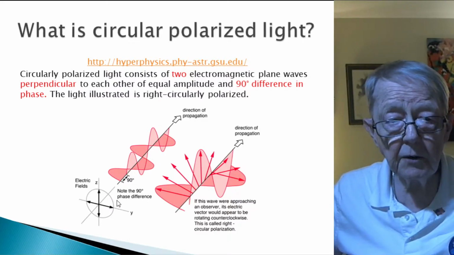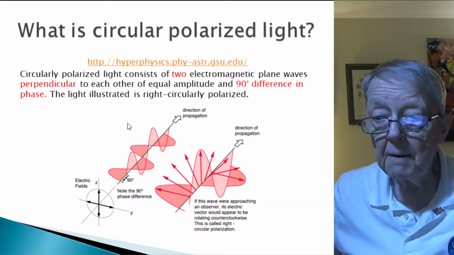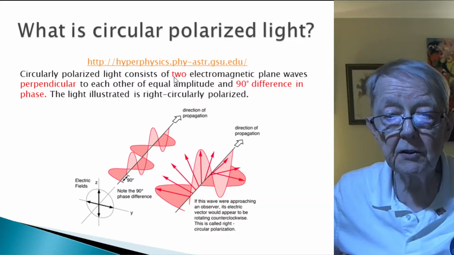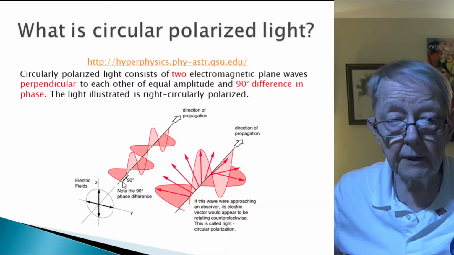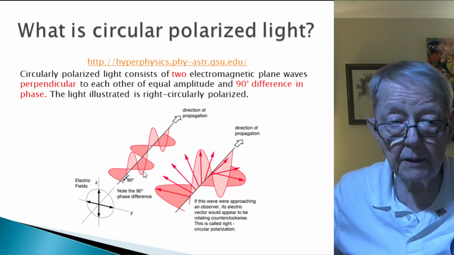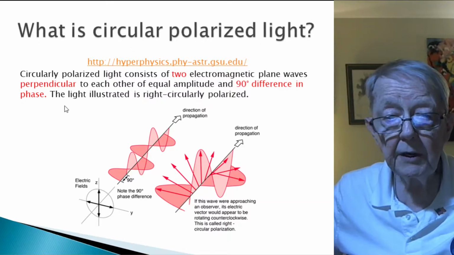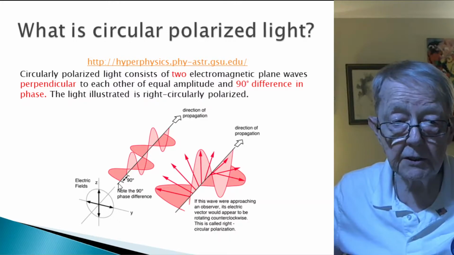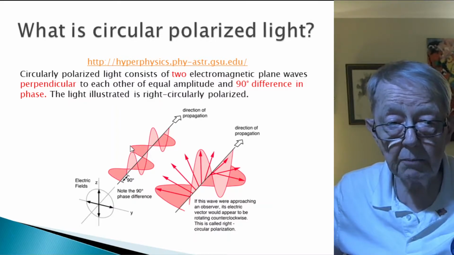Well, it starts here with two electric waves. Now they're ignoring the magnetic wave, and circular polarized light consists of two electromagnetic waves perpendicular to each other. One's horizontal, one's vertical, and a 90-degree difference in the phase. There's a phase shift right here, 90 degrees. This one starts first. Horizontal starts first, 90 degrees later the vertical one is at that same point.